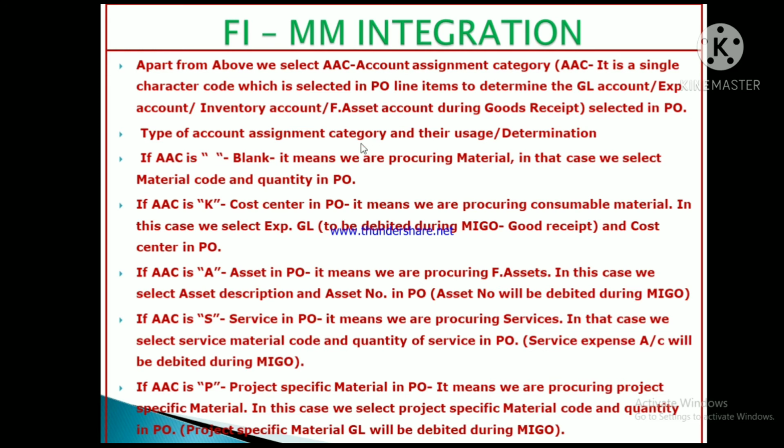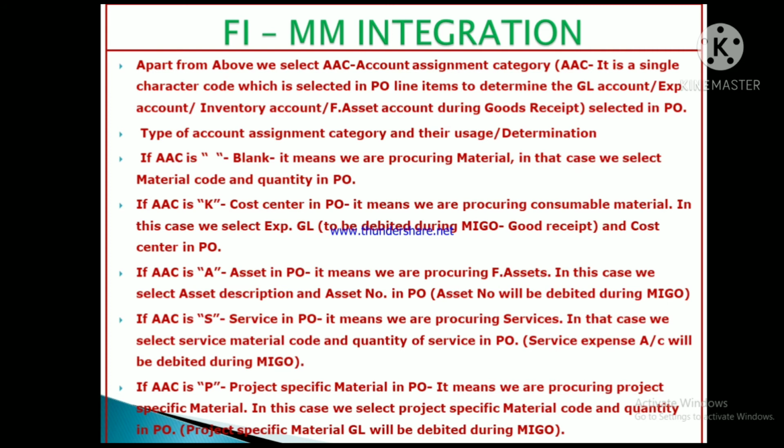If the account assignment category is blank, then it means we are going to procure material. In that case, we select the material code and quantity in a PO.